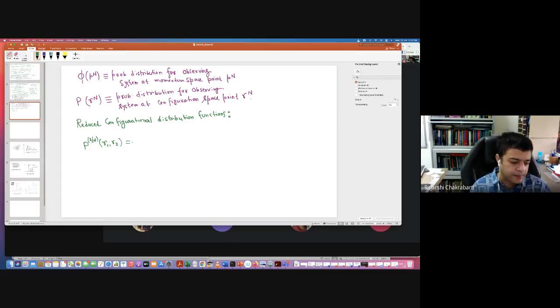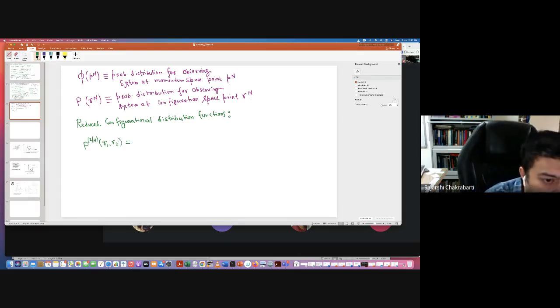What is this? This is the joint probability distribution for finding particle 1 at r1 and particle 2 at r2.